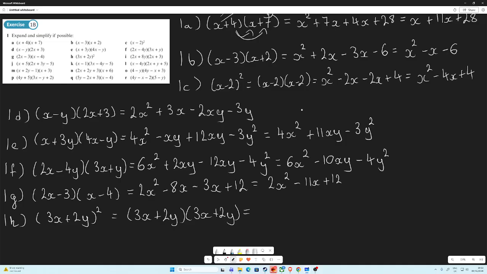Well, 3x times 3x is just 9x squared plus 6xy plus another 6xy plus 4y squared, so that's 9x squared plus 12xy plus 4y squared.